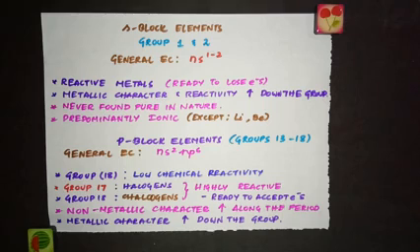Because of this reactive nature, these S block elements are not found in pure state in nature. They are usually found in combined state, and they are predominantly ionic, which means they bond with other atoms through ionic bonding, by complete transfer of electrons.